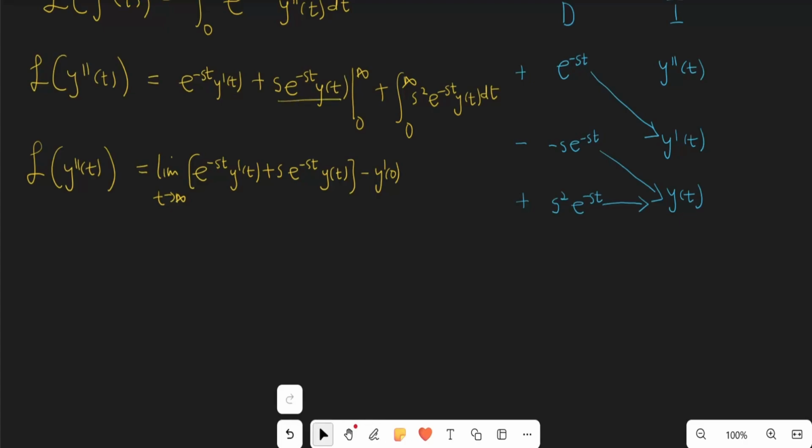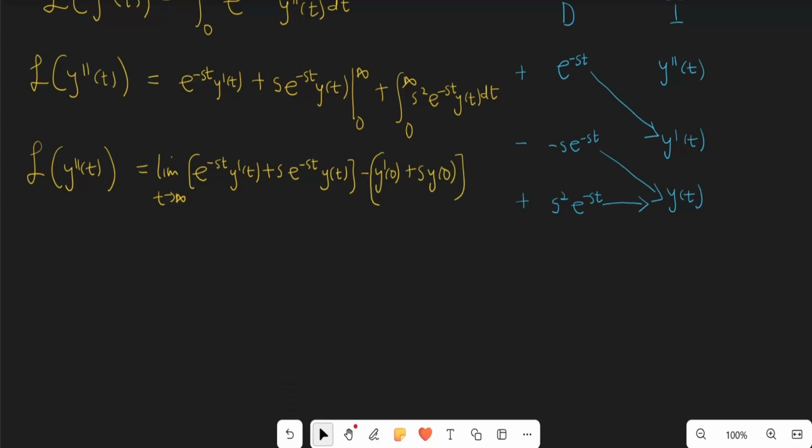When we come here, when you plug in 0, what is that going to be? Remember, this is minus everything here, because that's the lower limit. And now if you plug in 0 here, this one is going to be s multiplied by 1 multiplied by y of 0. So this one is going to be plus s multiplied by 1 multiplied by y of 0.